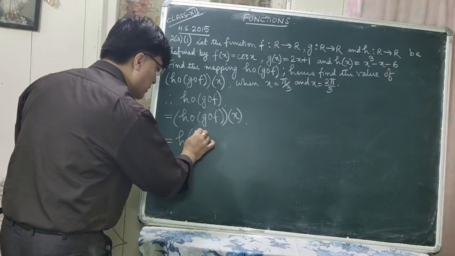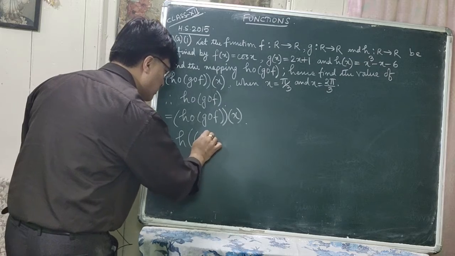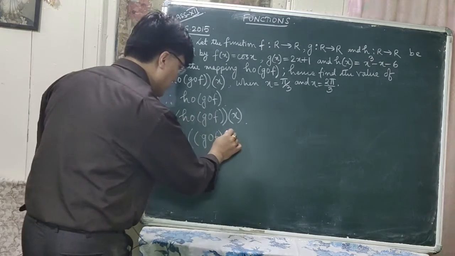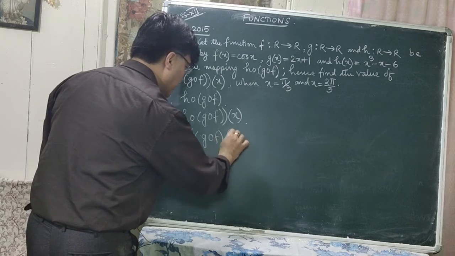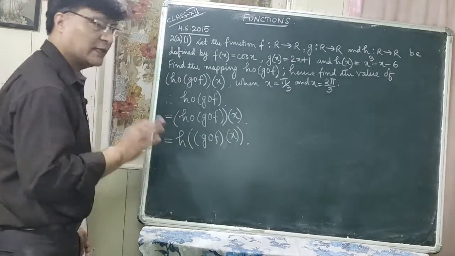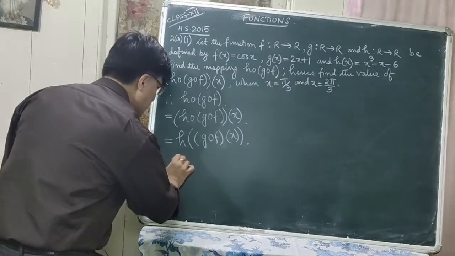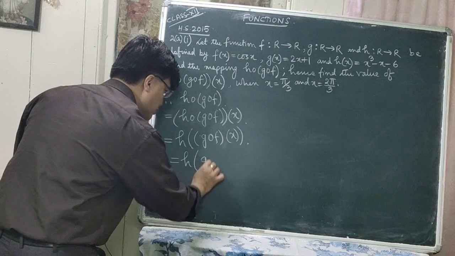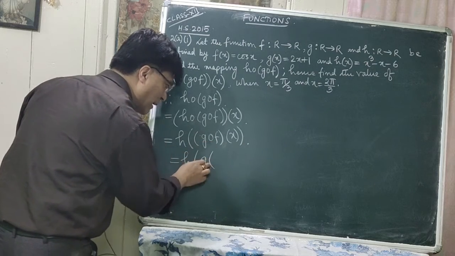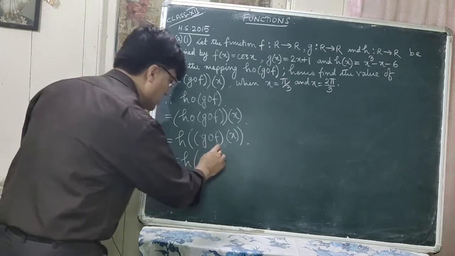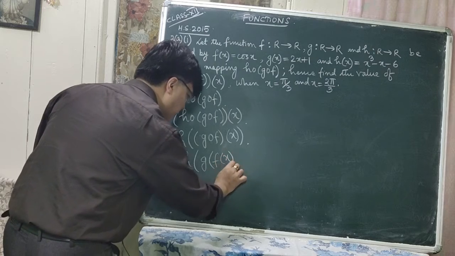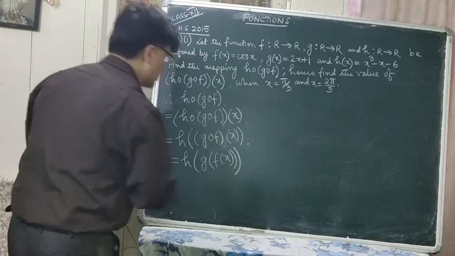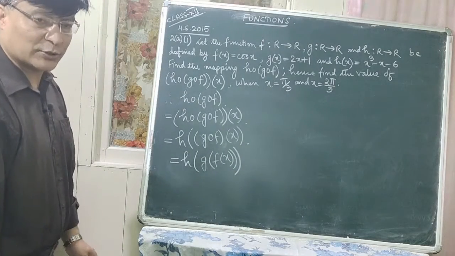Bracket. Then again within bracket g o f x. Is that clear? So which is equal to, again it is h of within bracket g within bracket, again यो O लाई हामी फेरि bracket लेख्छौं. ठीक छ? So f of x, bracket close, this bracket is closed, again this bracket is closed. So I think you have understood it.